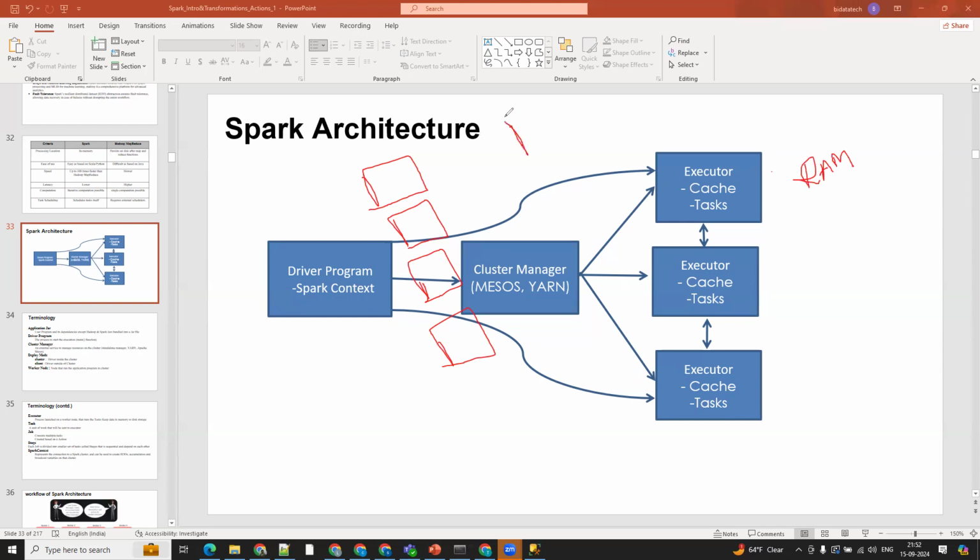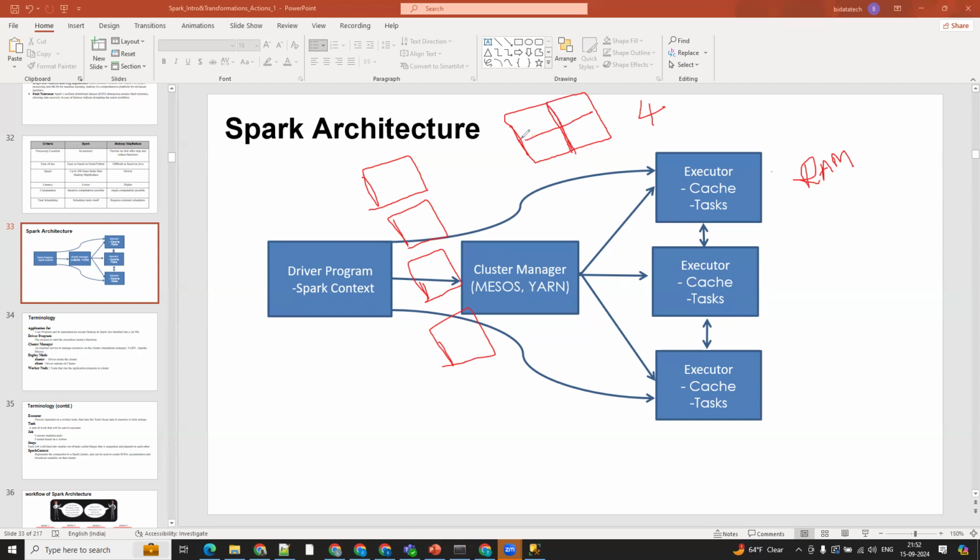Processor, I told you, right? In every system, we have quad core systems and octa core systems. Most of the systems are quad core or octa core. Guys, from now onwards you have to talk about processors in terms of cores. Quad core means 4 cores, and each core can run independently and do a separate task.